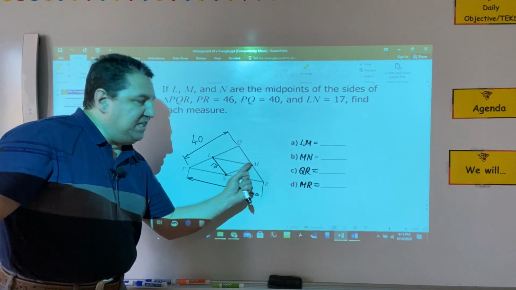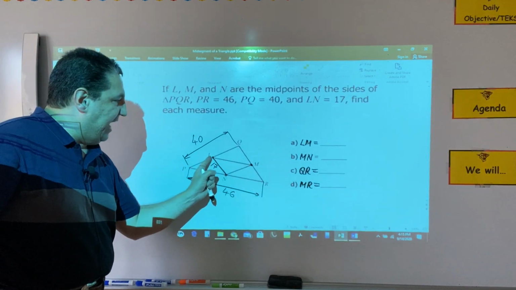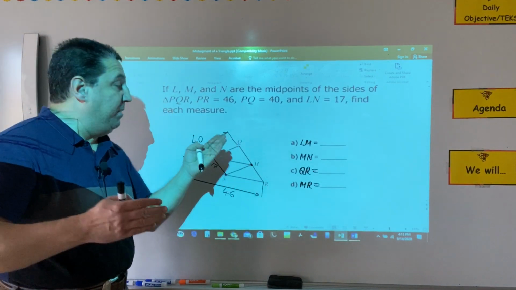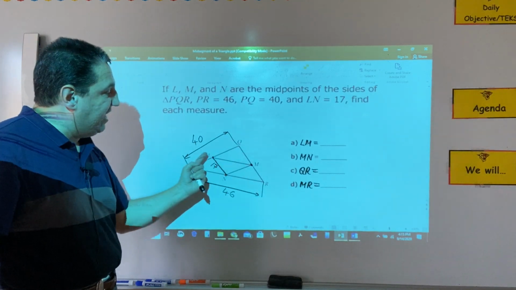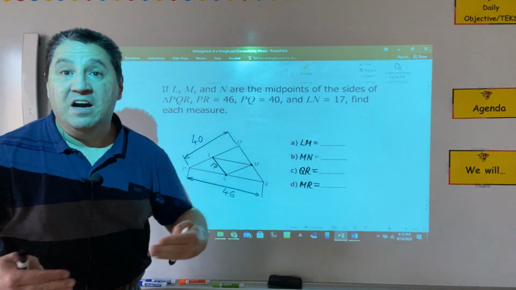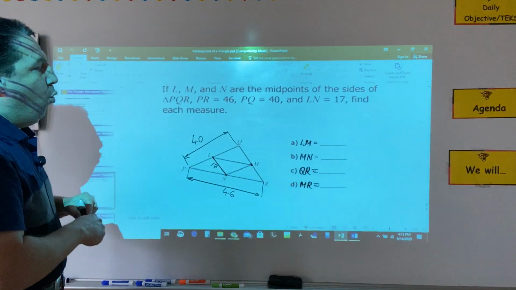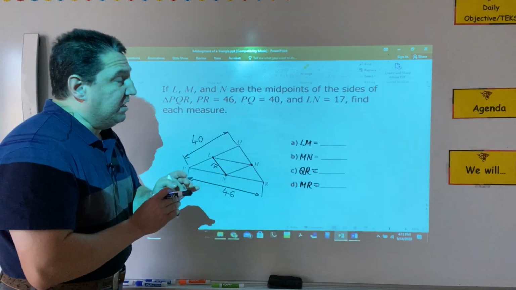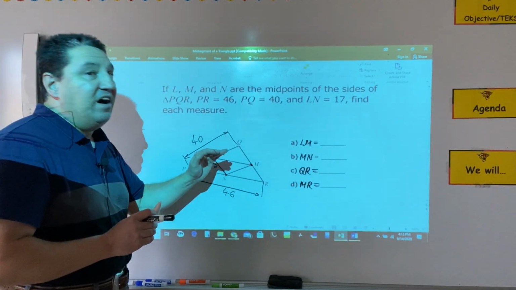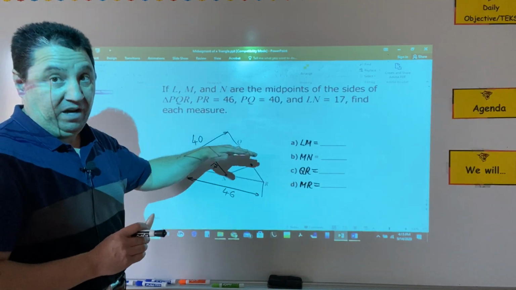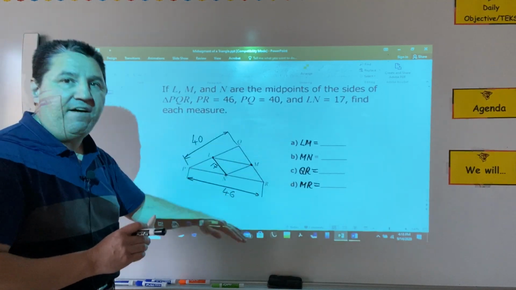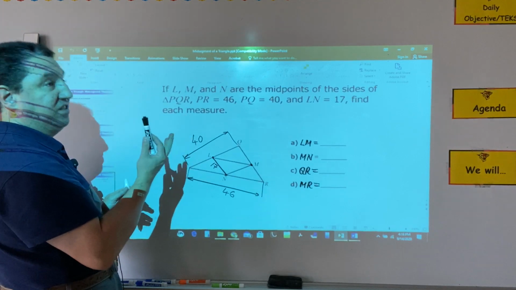Now, LM is this segment, right? Because L and M are the midpoints of these two sides, LM would be a mid-segment. What we know about a mid-segment is that it is parallel to the third side and is half of the third side. What is the third side?